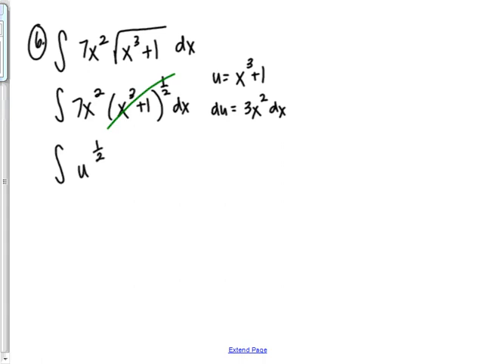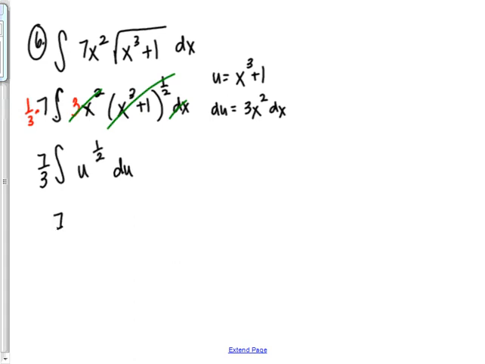So, one thing you can do is if you don't like that number in the front, pull it out, okay? And say, alright, I have now x squared dx, and what I need is 3x squared dx. So if I stick in a 3, I have to balance that out, so the reciprocal of 3 is 1/3. So now you can multiply that outside, and so you can call this 7/3. All right, and now the 3x squared dx becomes du.